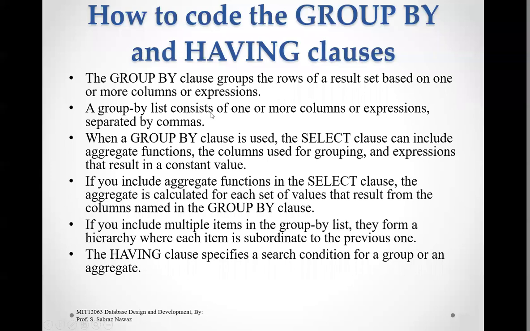A group by list consists of one or more columns or expressions separated by commas. When a group by clause is used, the select clause can include aggregate functions, the columns used for grouping, and expressions that result in a constant value.